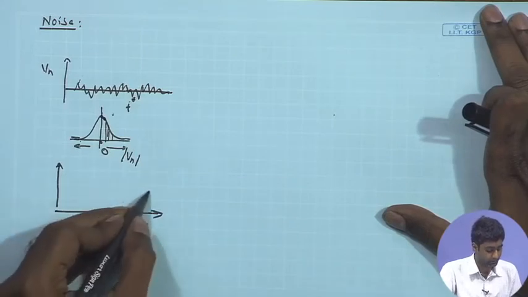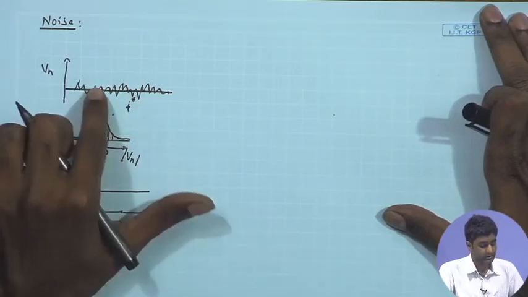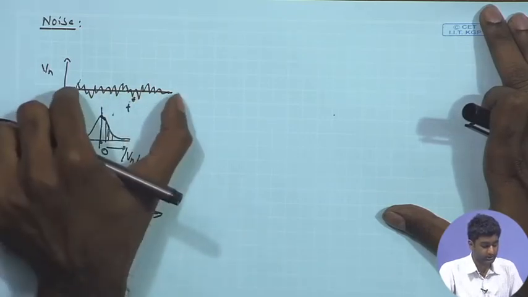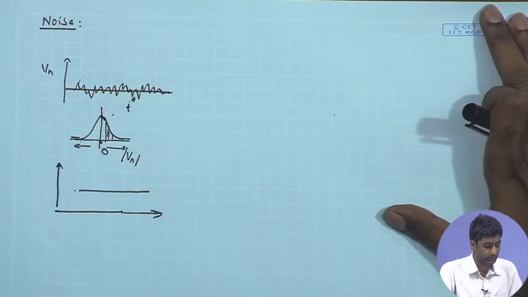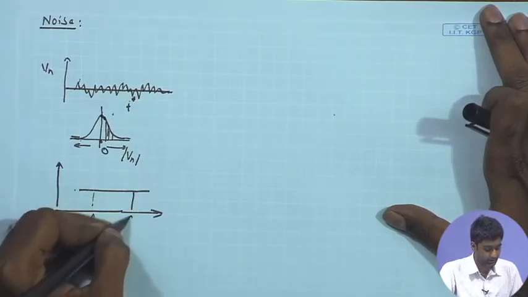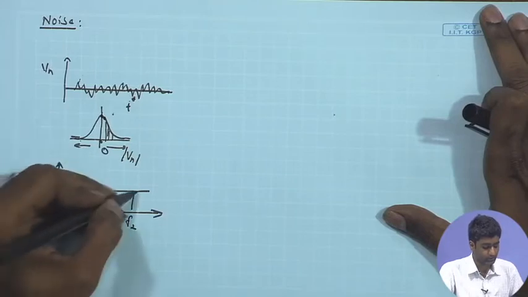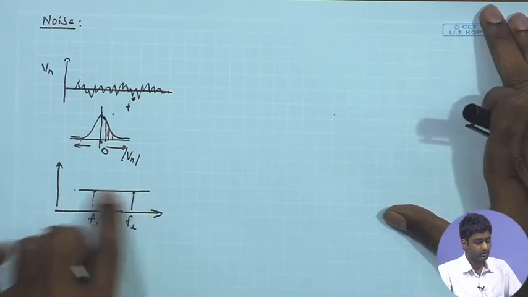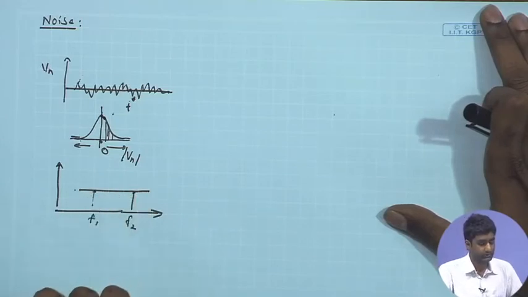One of them is white noise. That means the noise component is uniformly distributed across the entire frequency range of interest. Whether we take a low frequency f1 or a significantly higher frequency f2, the effective energy contribution of the noise will be similar at both these frequencies.